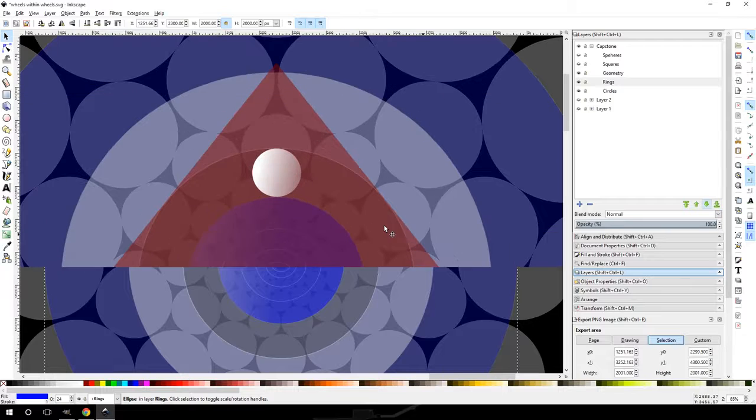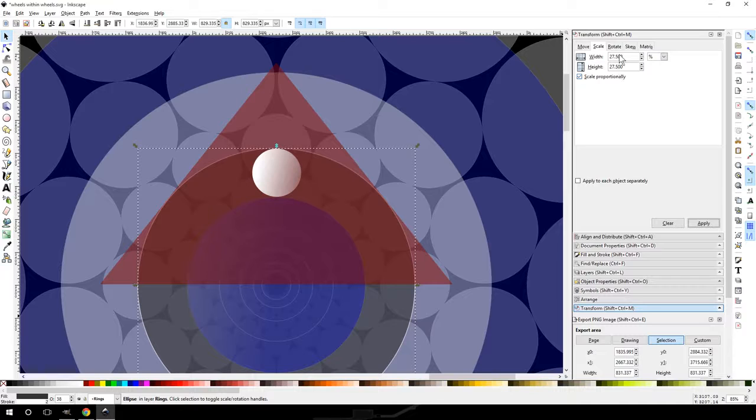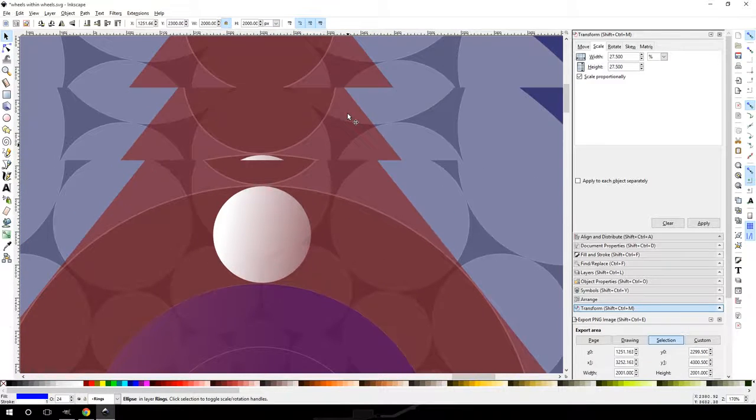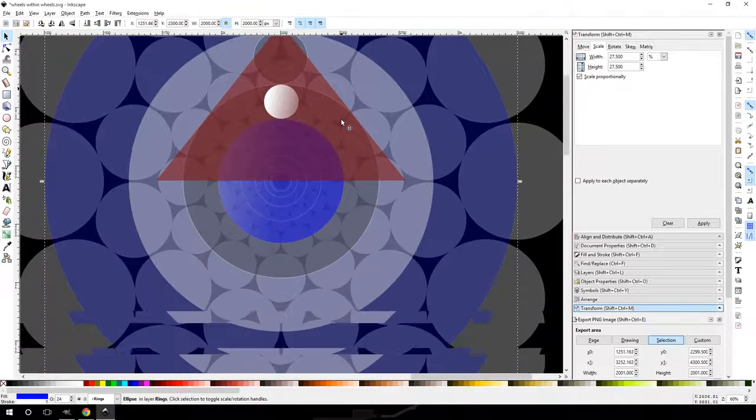And at this point, what you'll find is that this ring becomes the size of the Earth. And then if we want to, let's see, 829. Actually, we can just take that, we'll duplicate it, and we'll make it 27.5%. And there it is. And you can see this geometry is exact.